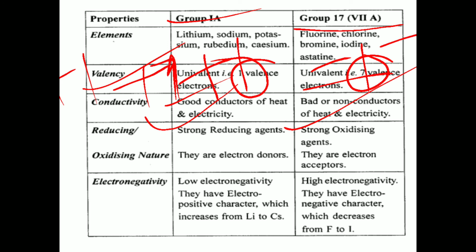Reducing and oxidizing agent: as we know, alkali metals are metals. As I have earlier said, metals react by donating an electron. This electron will reduce another element or compound. So alkali metals donate electrons, which will reduce some other compound, so alkali metals act as reducing agents. But halogens accept electrons.